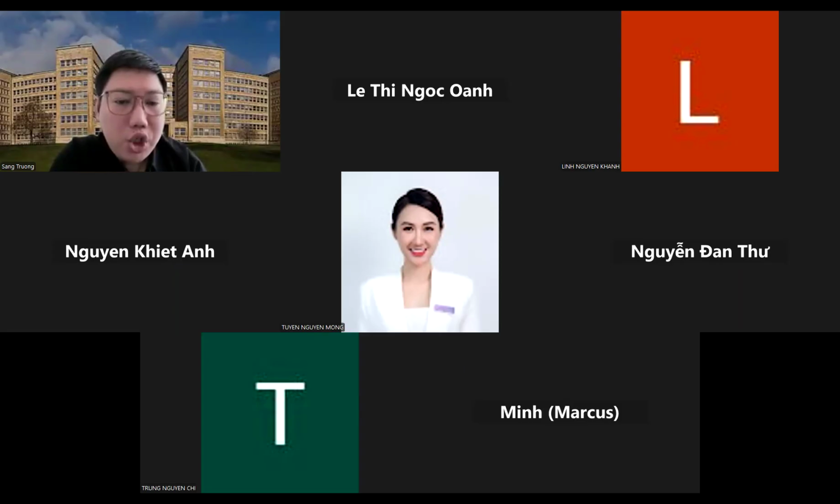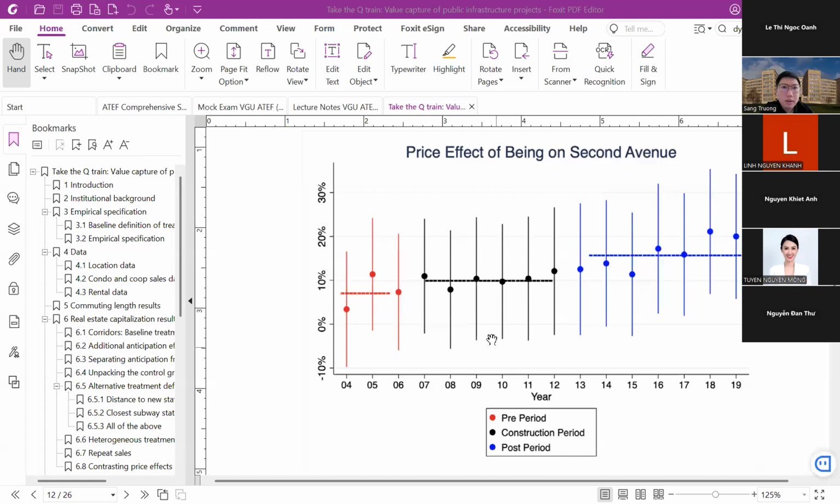So when we split them into the effects over the years, we see that only after year 15, from 16 onwards, we see an effect, and from 13 to 15, the effect is not there yet.